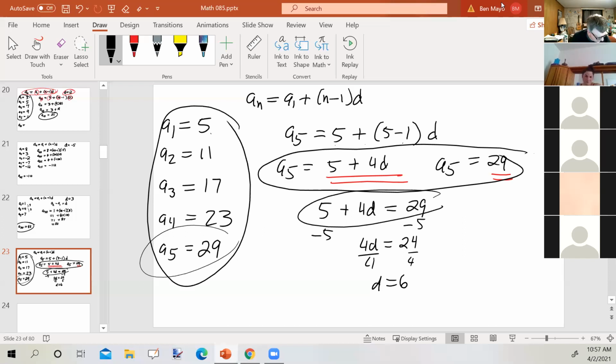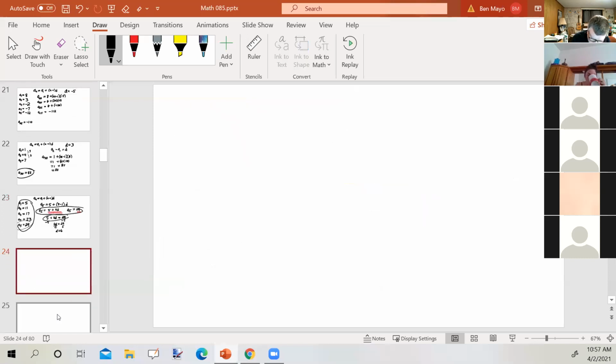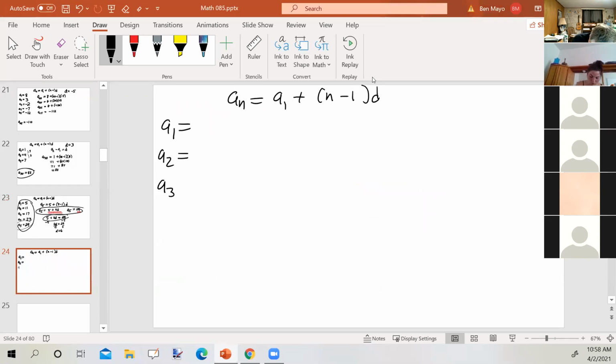All right, let's do another one similar to this. Again, it says write the first 5 terms: a sub 1, a sub 2, a sub 3, a sub 4, a sub 5.